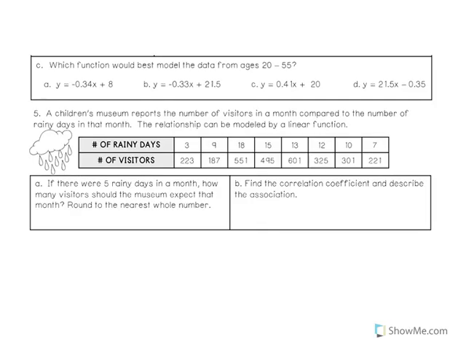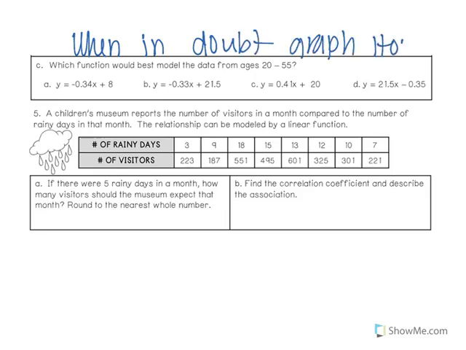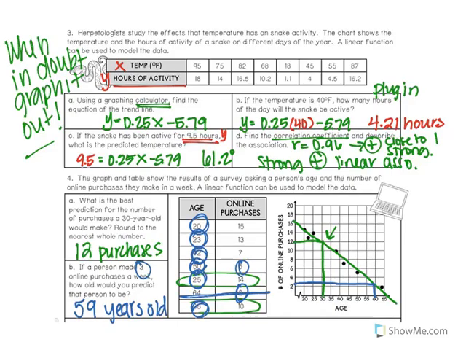Now, which function could best model the ages of 20 to 55? You're going to say, when in doubt, graph it out. As you can see here, I've circled the ages between 20 and 55.